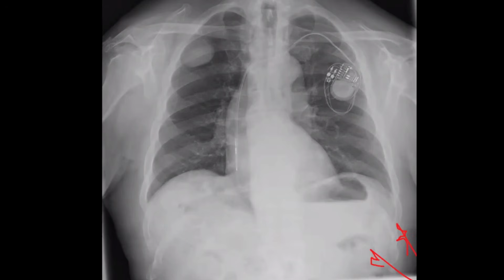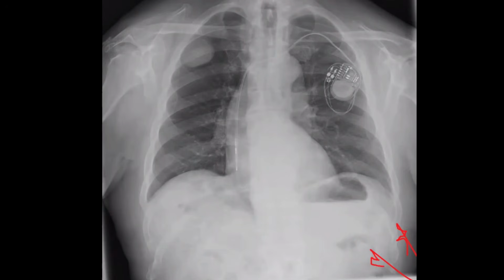There are shoulder joint arthropathic changes. No pleural effusion. Both phrenic angles are clear. I cannot see anything else.